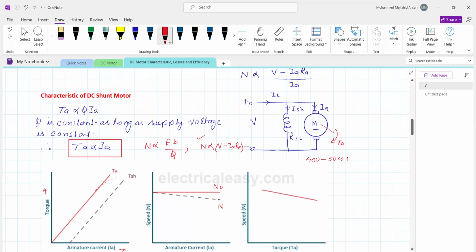That's why where a wide range of speed is needed, the DC shunt motor is more suitable as compared to the AC motor. From this, there is a slight decrease in speed, so speed decreases with respect to increasing torque on the motor.